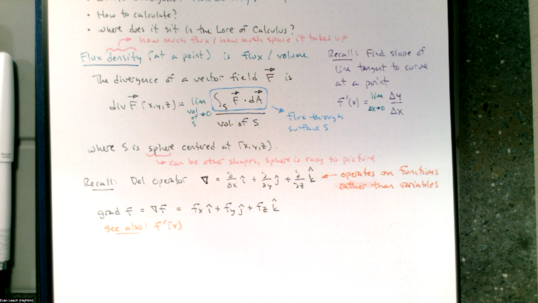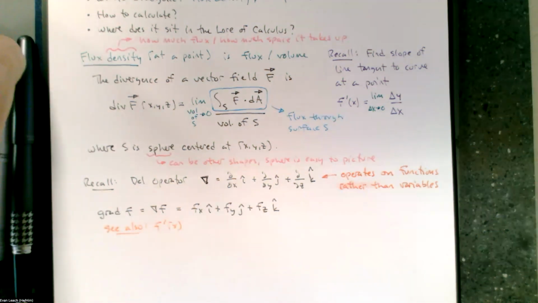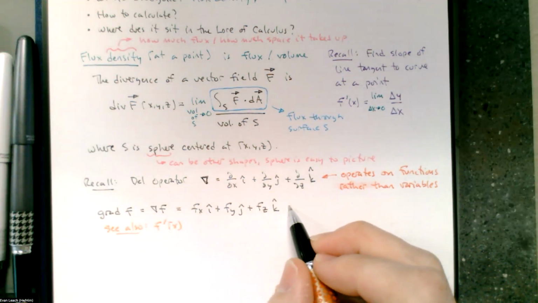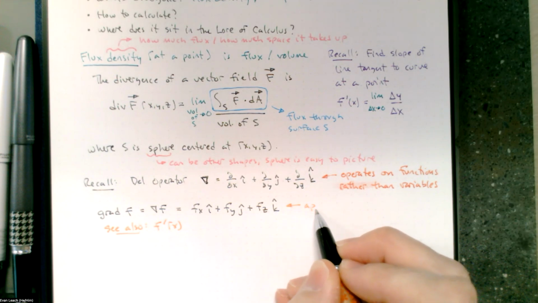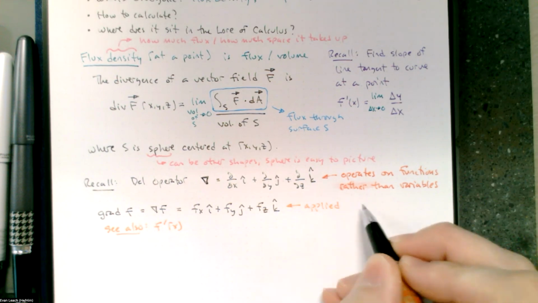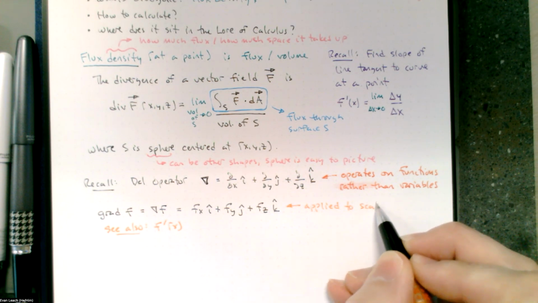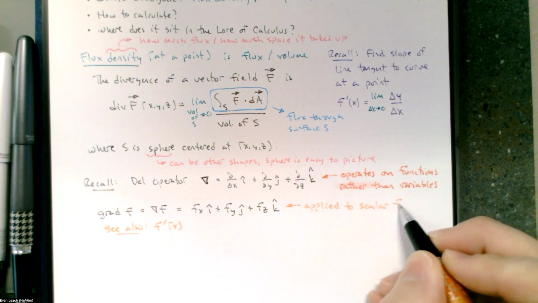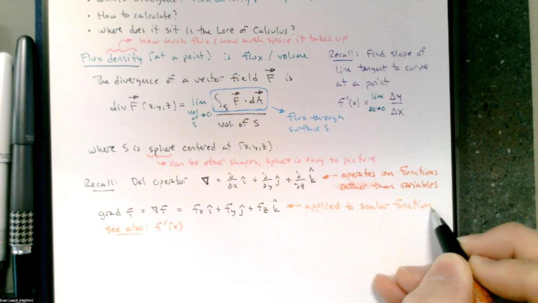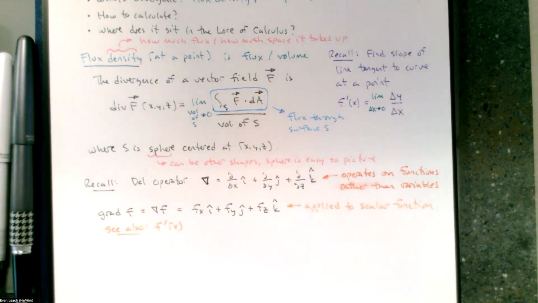So the del operator is a vector. And so we can apply the del operator. Here's the del operator applied to a scalar function, but we can also apply the del operator to vector fields, vector functions.